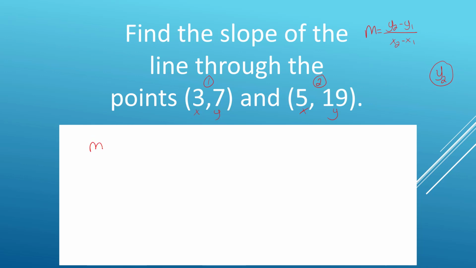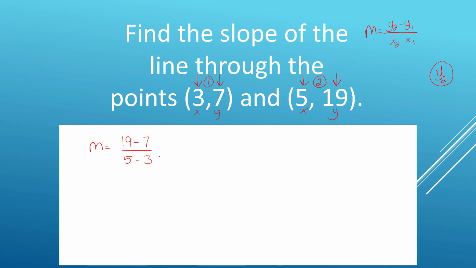So let's fill in what we know. M is equal to y2. I want the y value from my second ordered pair. So that would be 19 minus y1. I want the y value from my first ordered pair. Over x2, so my x value from my second ordered pair, over x1, my x value from my first ordered pair.